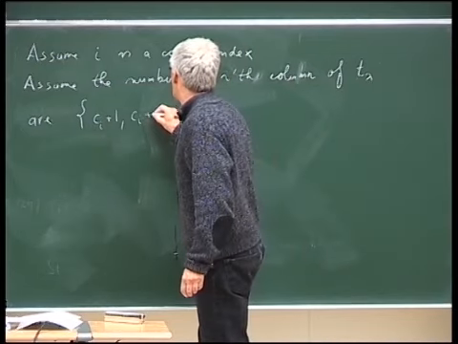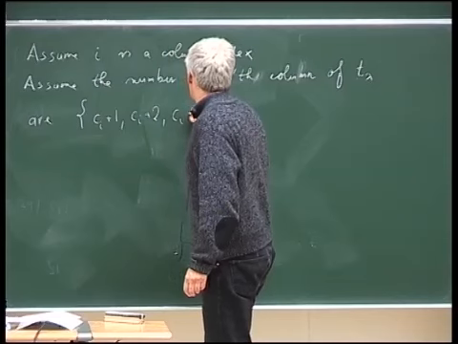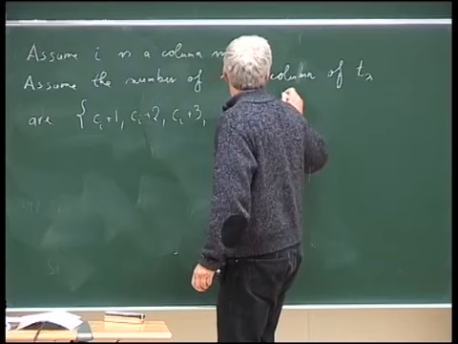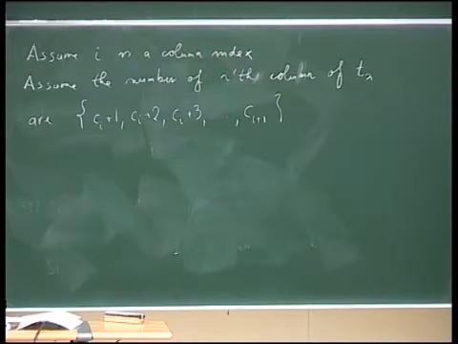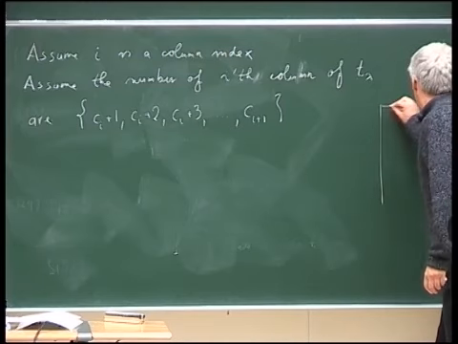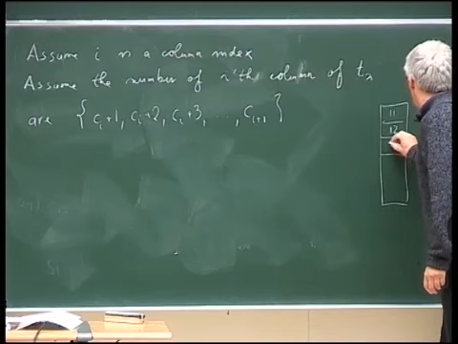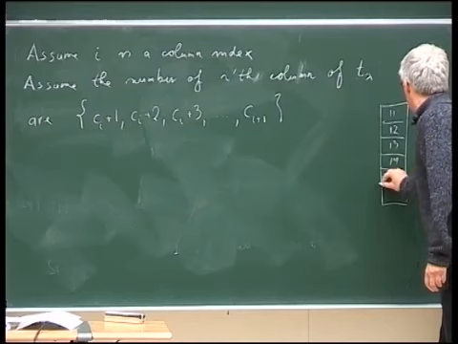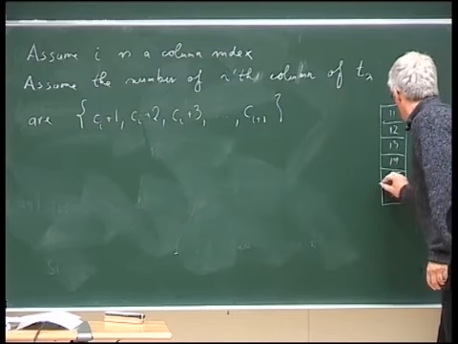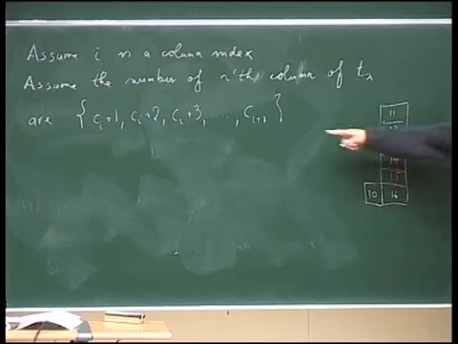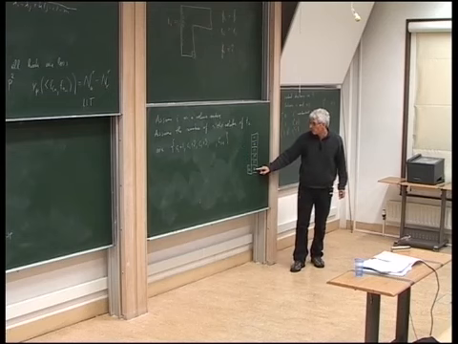So if I have 11, 12, 13, 14, 15, 16, and then I'll have here 10, so c_i will be 10. c_i plus 1 will be 11, and the last one will be 16.